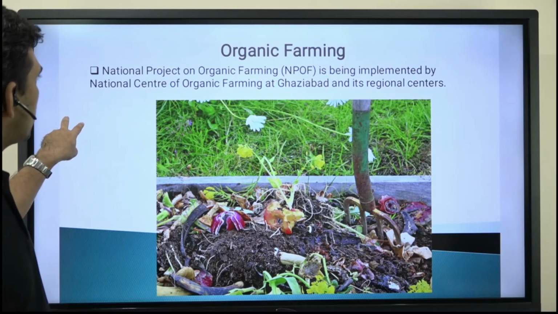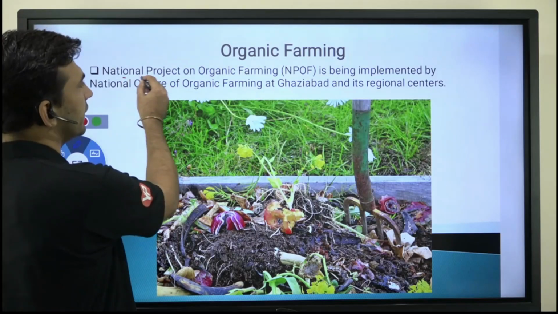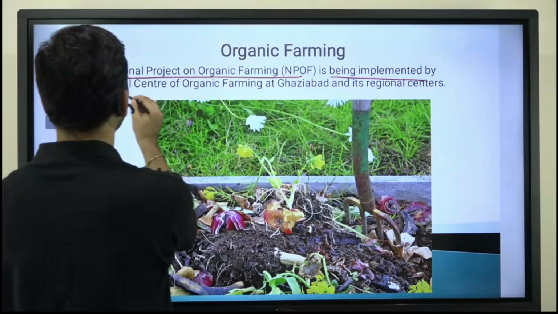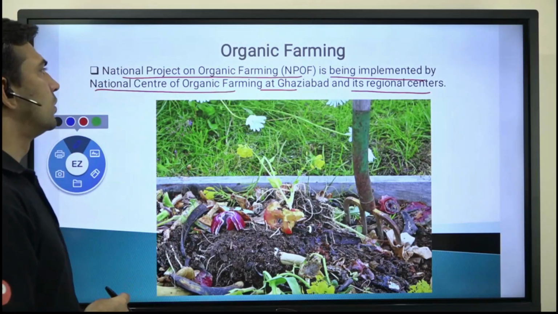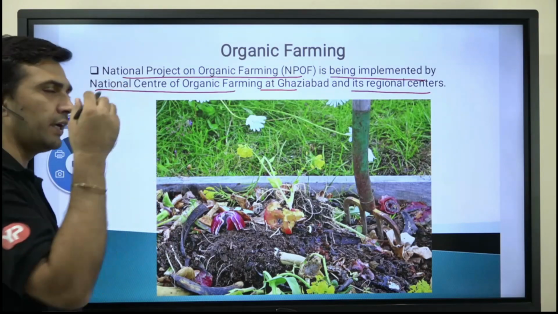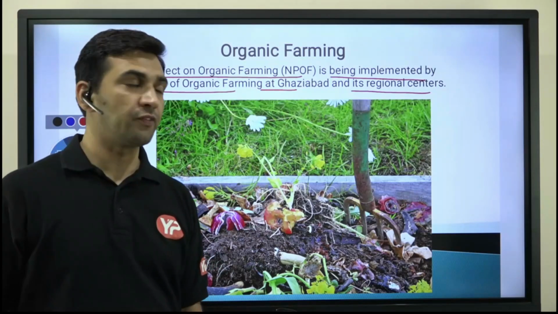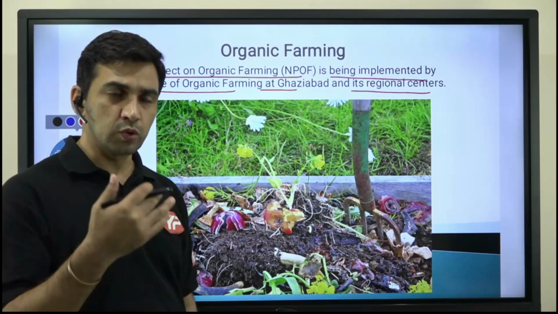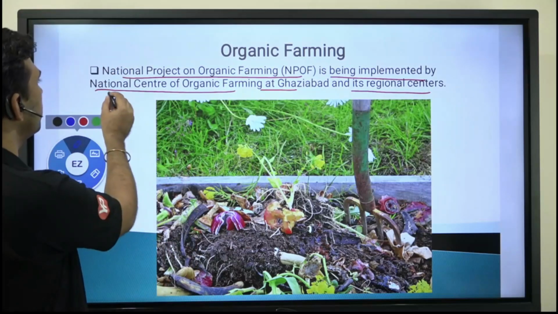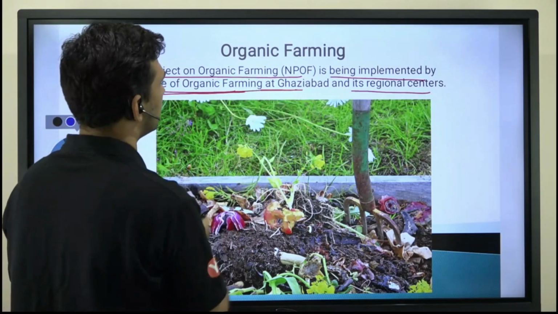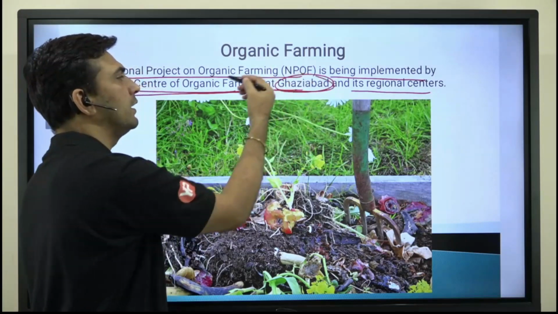One more factual piece of information you can note down is related to the National Project on Organic Farming, being implemented by the National Center of Organic Farming at Ghaziabad and its regional centers. Basically, you can say that in India, as we are moving towards the implementation of organic farming, the project is being monitored and implemented by this center, called the National Center for Organic Farming, located at Ghaziabad in UP.